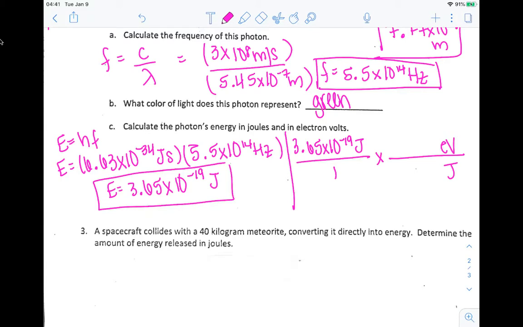As you go through, you just copy exactly what you see. So 1 electron volt is equal to 1.6 times 10 to the negative 19 joules. Joules will cancel. This becomes one big long fraction. Solving for this, you should end up with 2.28 electron volts.